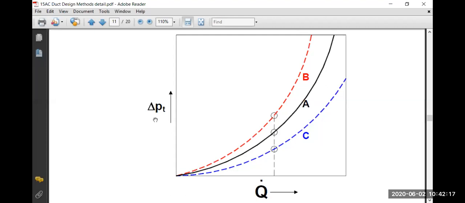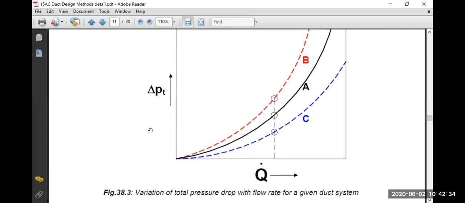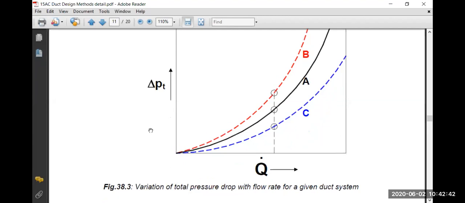Total pressure drop means static pressure drop plus dynamic pressure drop, rho v square by 2. Static pressure drop is measured by the pressure gauge at one point and at the other, and the difference calculated. And the dynamic pressure drop is measured by the velocity at one point and the other, and calculated by the formula rho v square by 2.